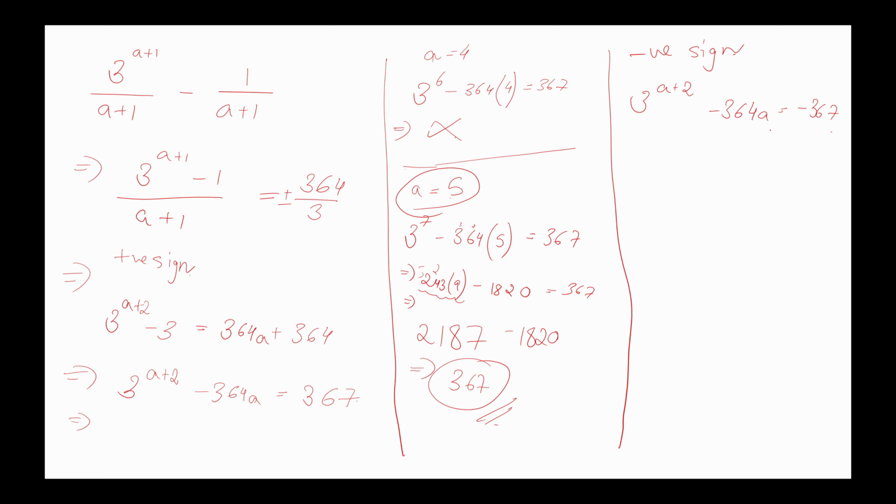Since I'm taking it to be negative, a can always be positive. As I keep increasing the value of a, of course 3 to the power something is going to increase, so this can never come out to be negative. For this to be negative, this value has to be less than this. However, as I keep increasing a, it is not going to happen. That means no possible values of a come for this case. So my a equal to 5 becomes my answer.